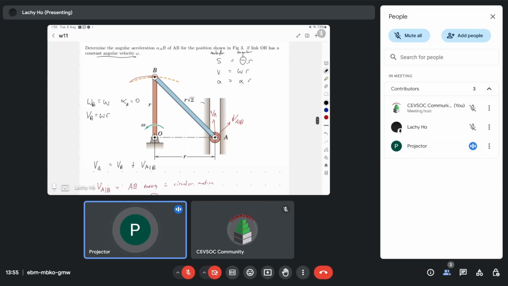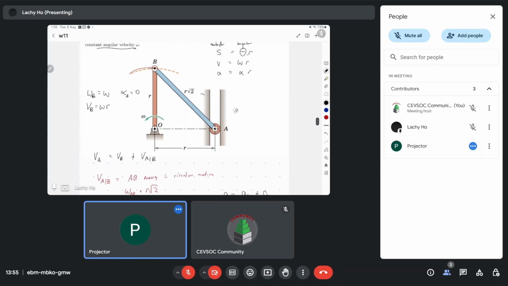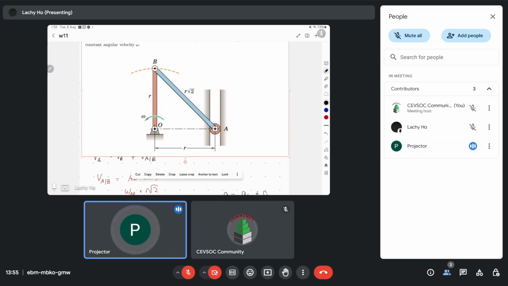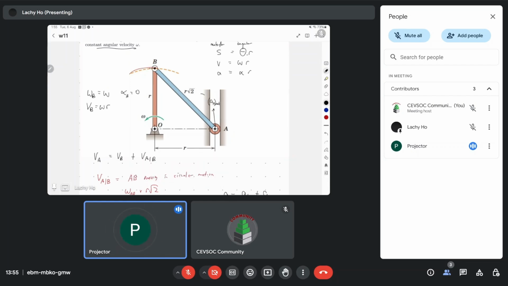Because the net acceleration of A is directly up, let's draw on the tangential acceleration.